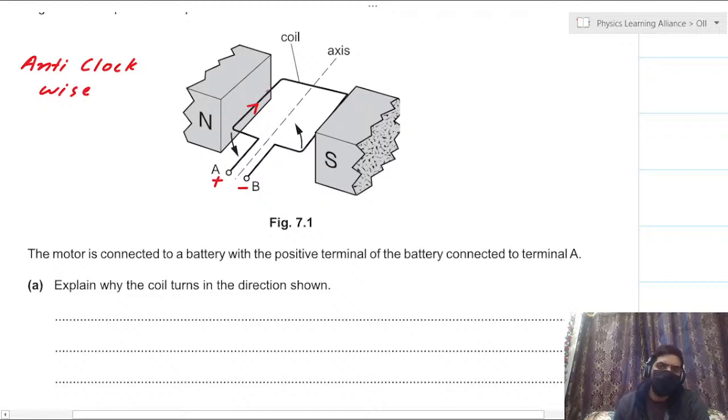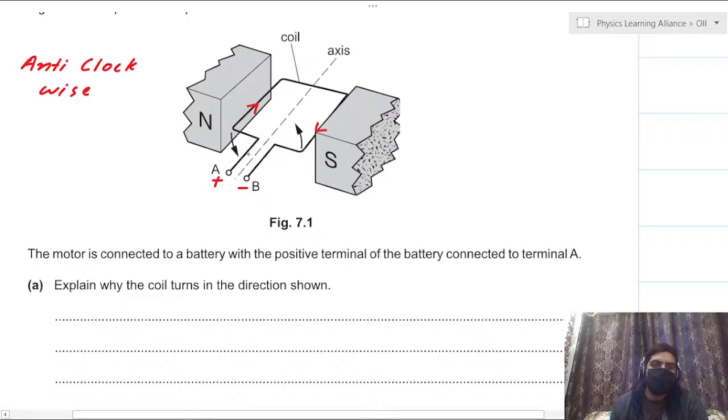You want to call it upward, you can, or you want to call it into the page, you can also call that into the page. And from the other side, it is out of the page or downward, depending on from what view you're seeing that, from the front view or from the top view. So that would be the direction of current.